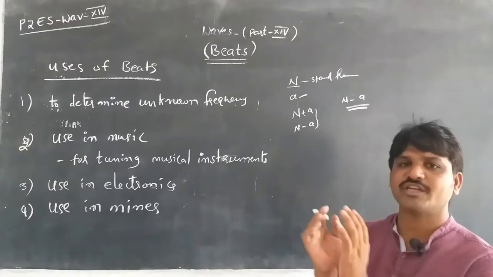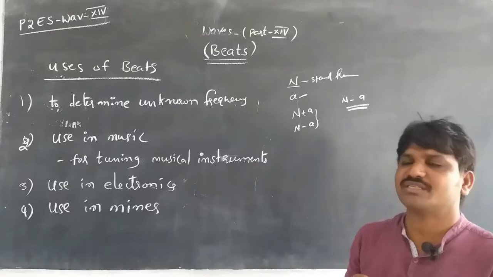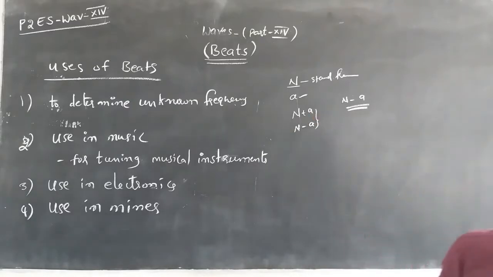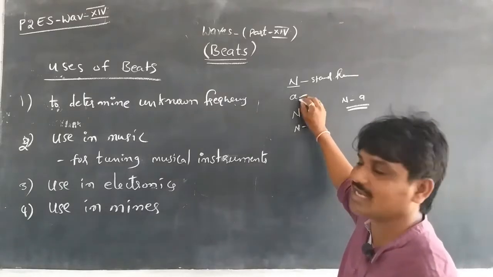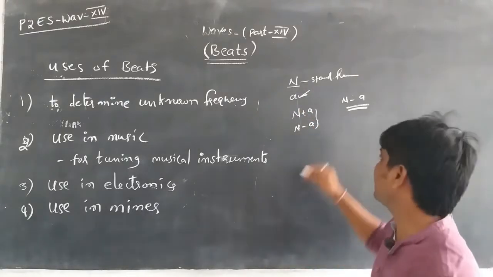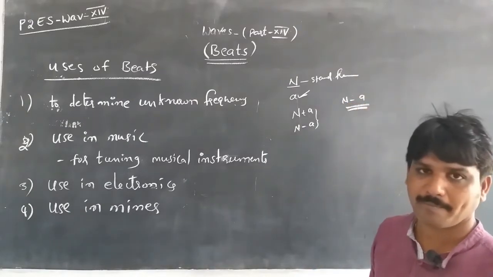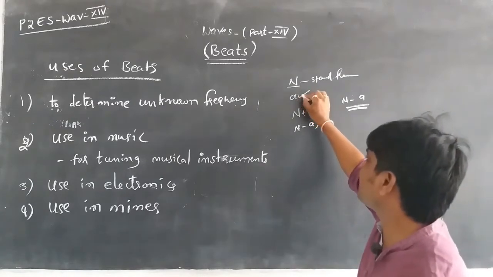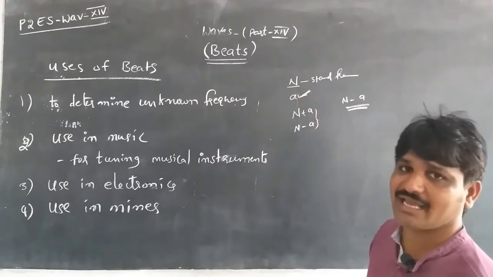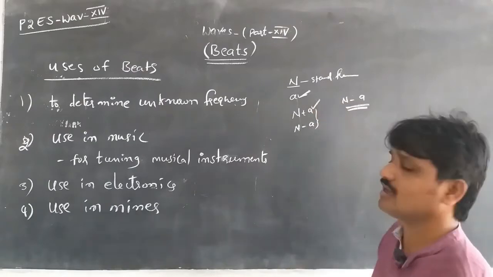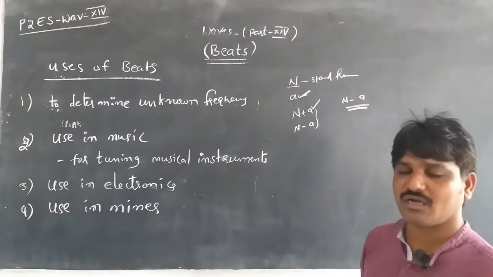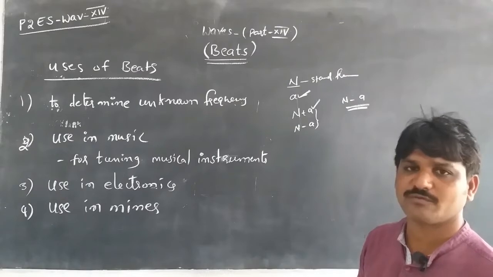Then that tuning fork doesn't give the same vibrations as before. If the tuning forks sound together, and the number of beats per second is greater than A, then the unknown tuning fork frequency is n minus A. If the number of beats per second is less than A, then n plus A is the frequency of that unknown tuning fork.